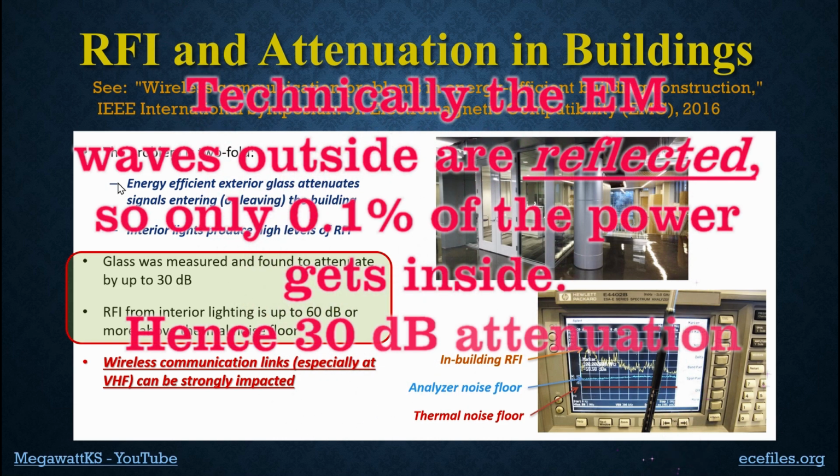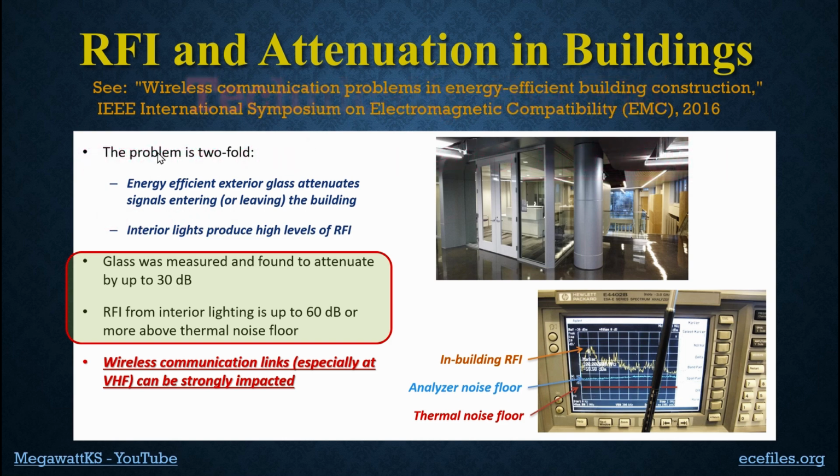So the signal is reduced a lot on the way in, even though they're transparent at optical frequencies. At radio frequencies, the metal glazing or whatever it is essentially massively attenuates the signal. And as we saw in the video, the interior lights in the building are producing very high levels of radio frequency interference.